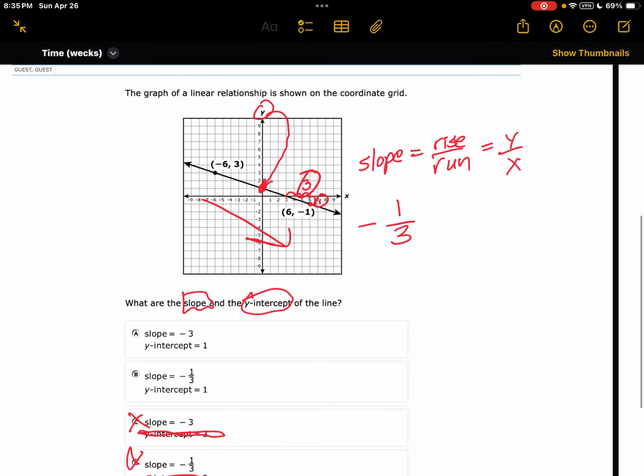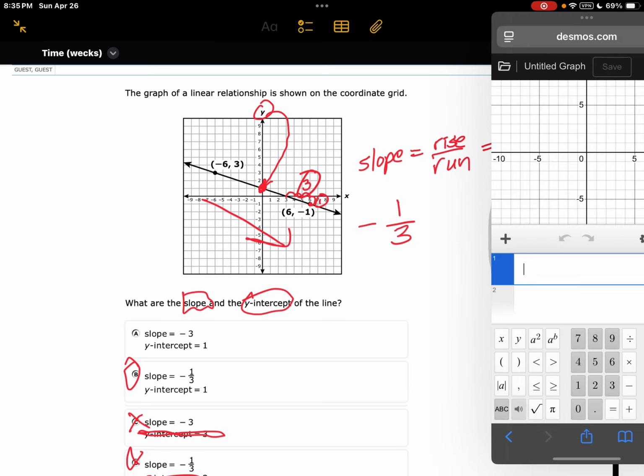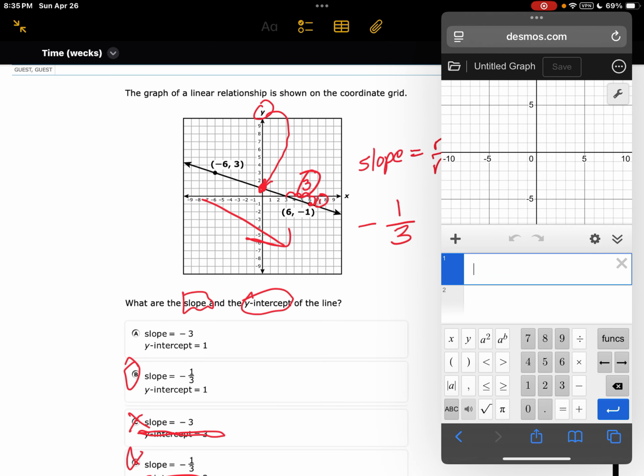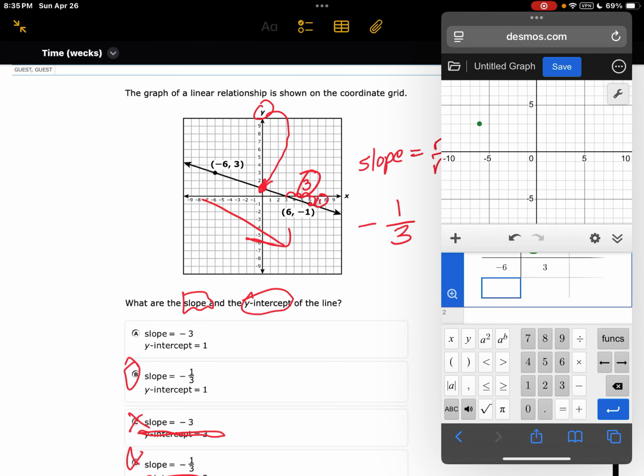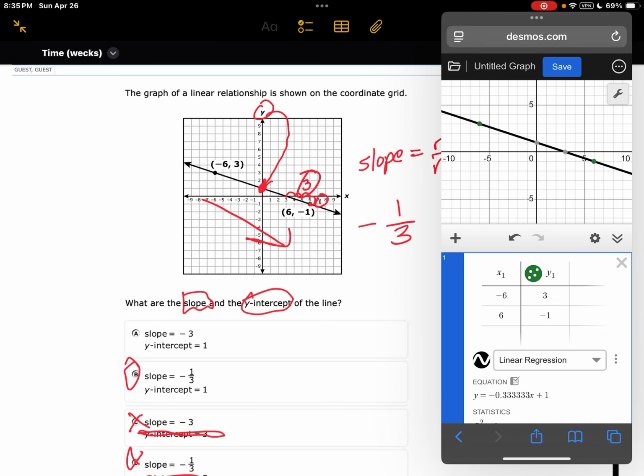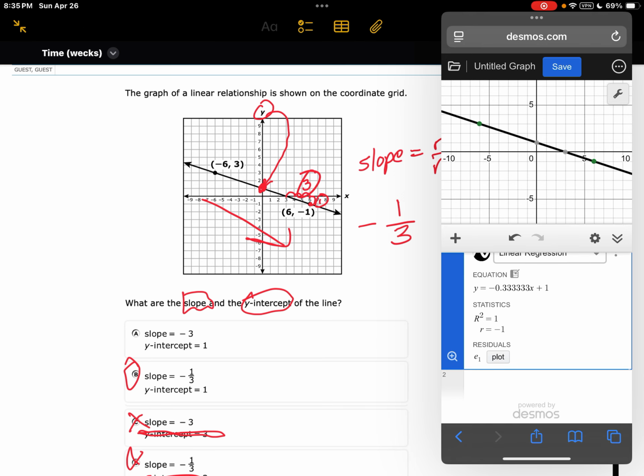So B. And then if I were to just use Desmos, of course, I just add a table, plug in the points they gave me, and hit my magic blue button. So negative 0.3333x plus 1.